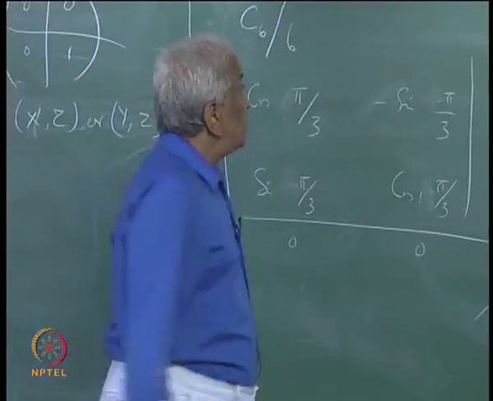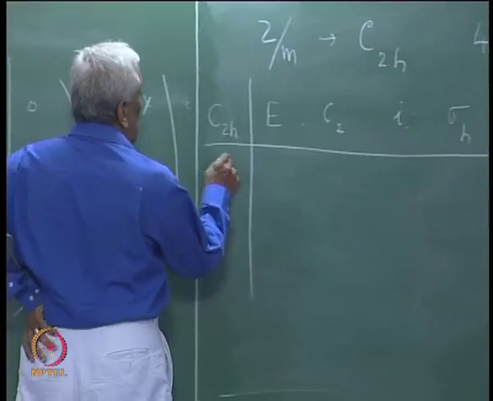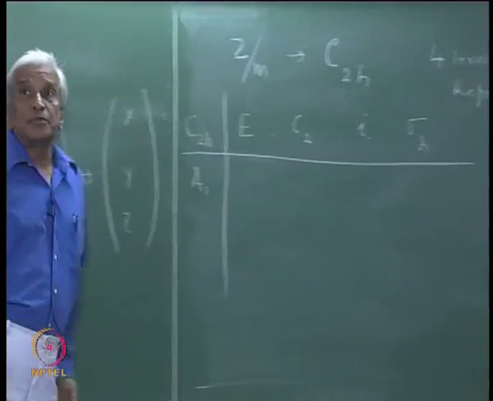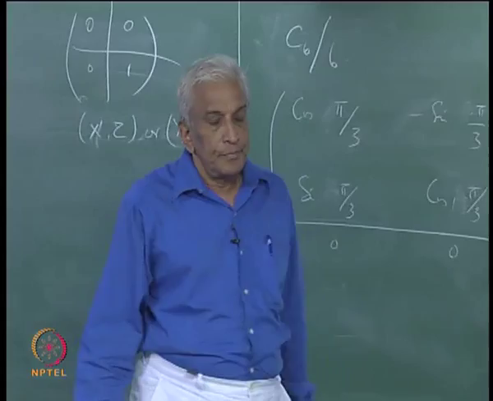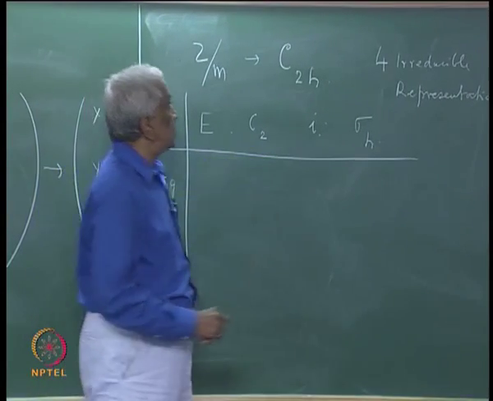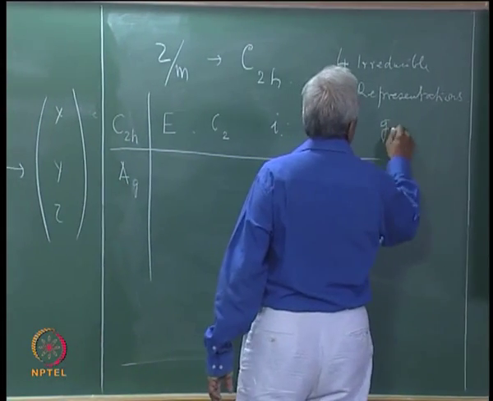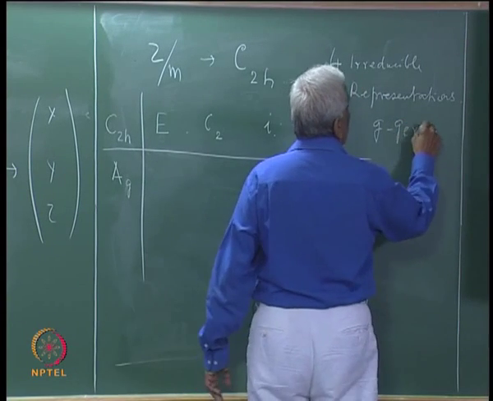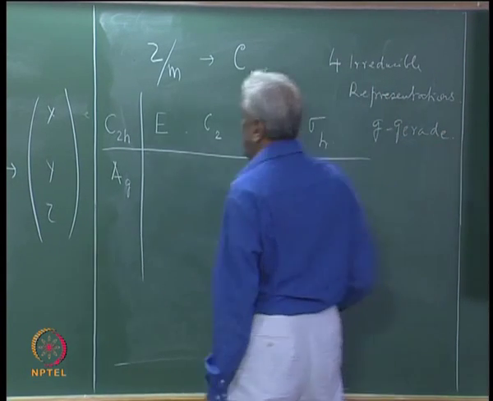So, since there are 4 elements, one is the totally symmetric representation, and that is called g because of the inversion symmetry. g is gerade, so it is symmetric with respect to the inversion.